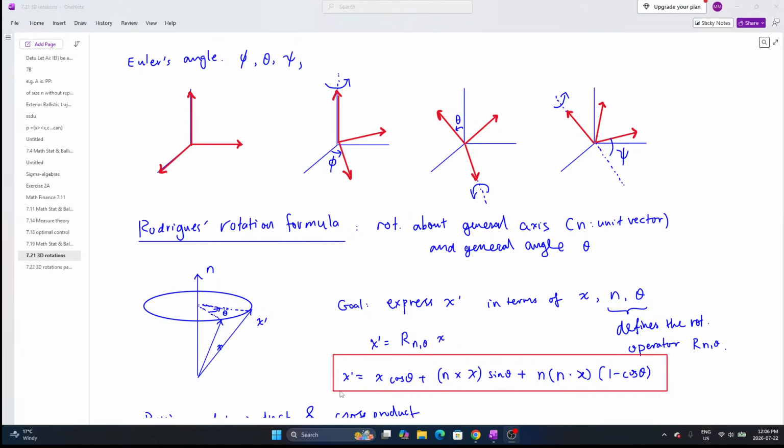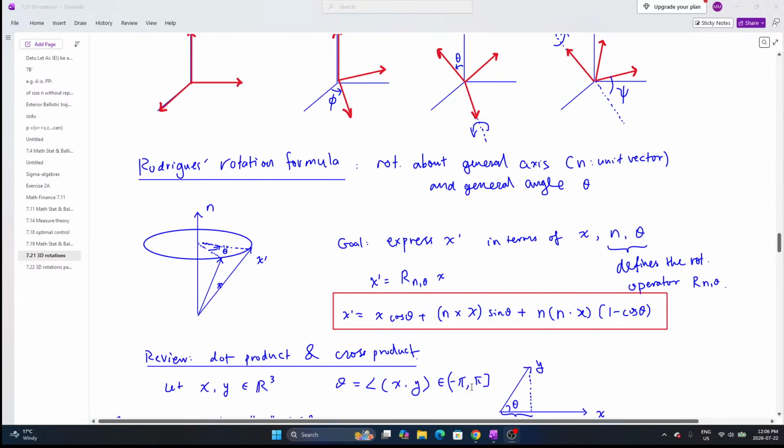The rotation formula is given as such, and we're going to derive it, and then recast the formula in quaternions. Once again, today's stream is going to be fairly computational, and not very theoretical.